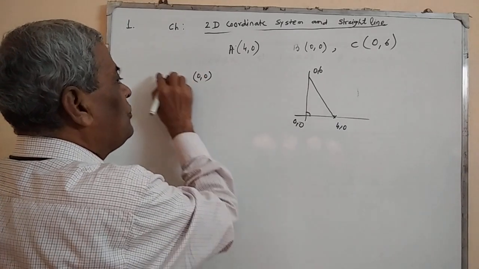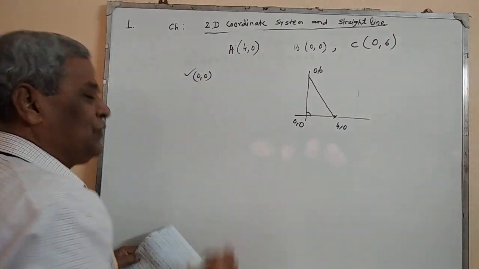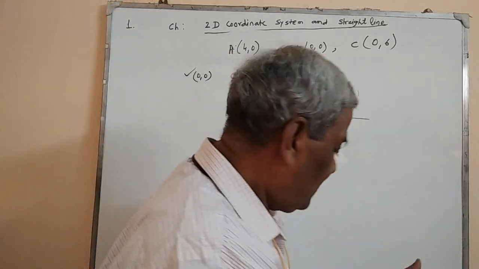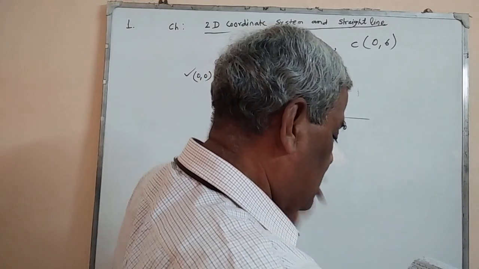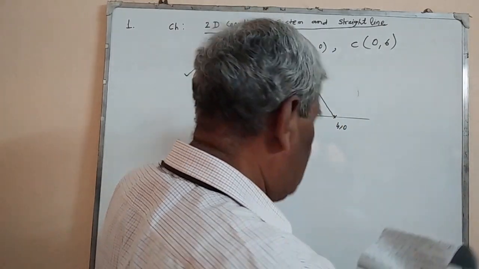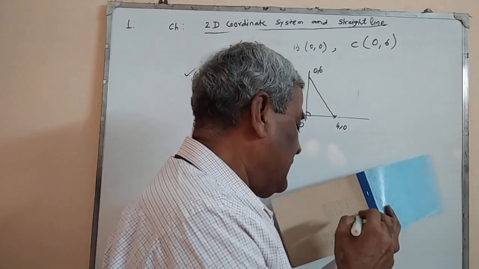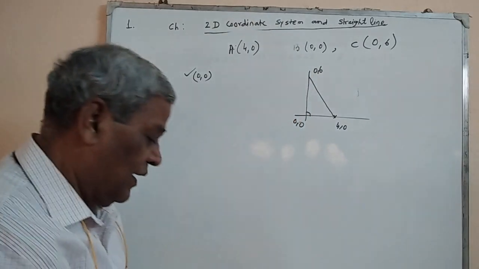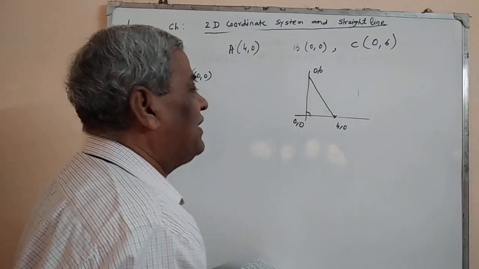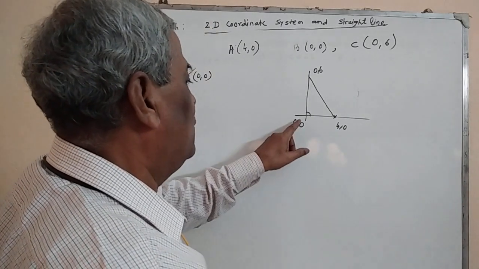Oh, sorry, I forgot to write down the options. The option is (0, 0). The answer is (0, 0). There are a few more options. Because it is a right angle triangle, and last day I told you that for a right angle triangle, the orthocenter is the vertex containing the right angle, which is this.